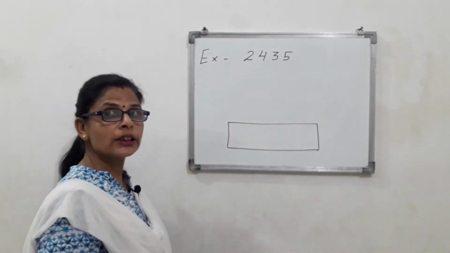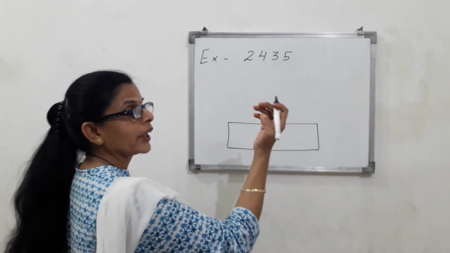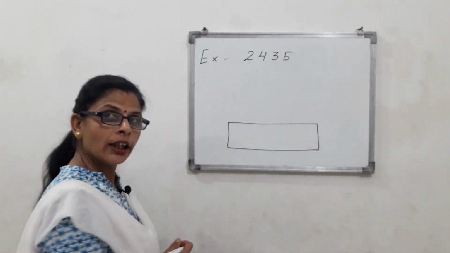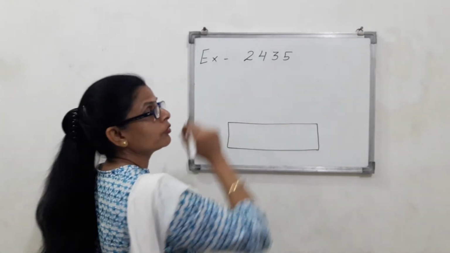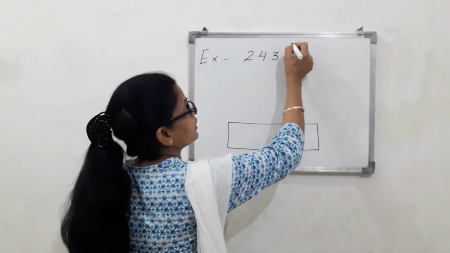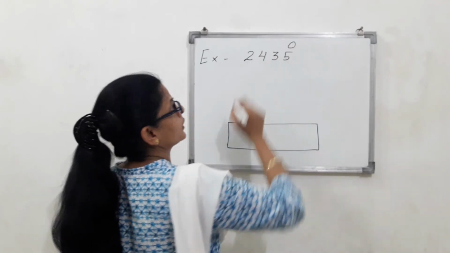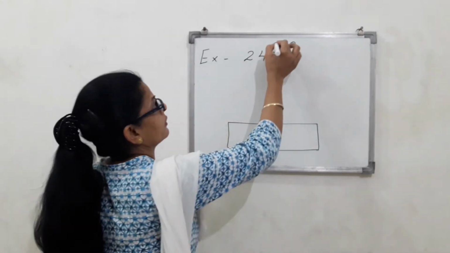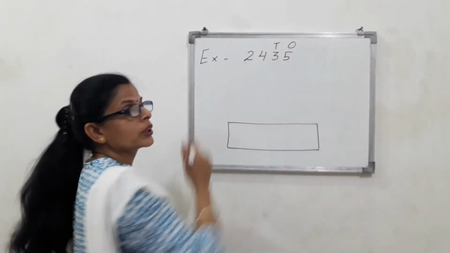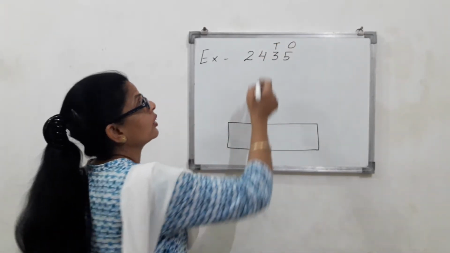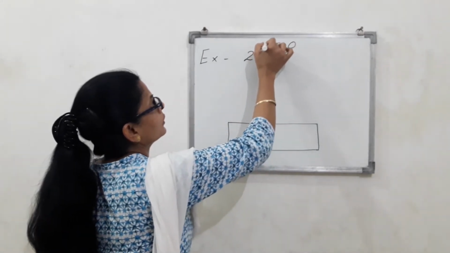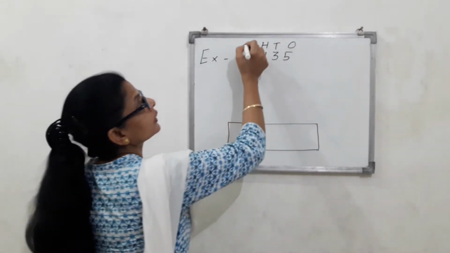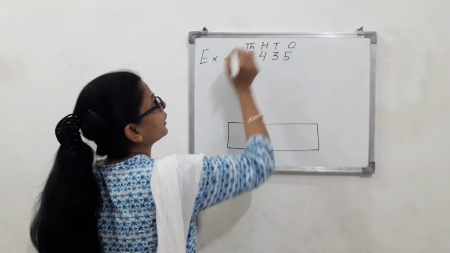Always start writing the places from the right hand side and go to the left hand side. 5 is written on the ones place. 3 is written on the tens place. 4 is written on the hundreds place. 2 is written on the thousands place, right.